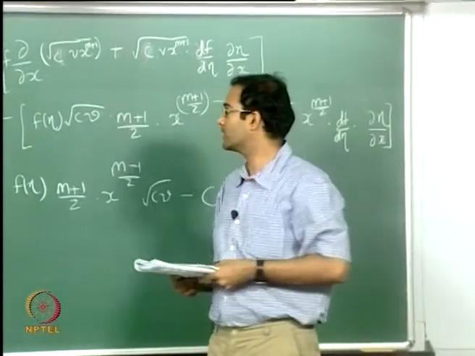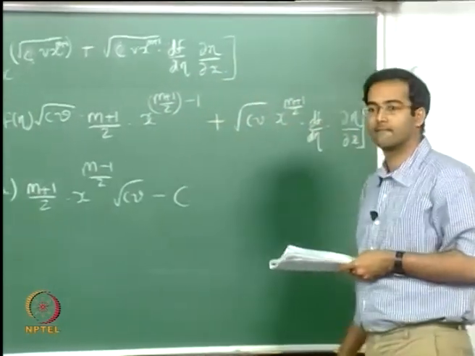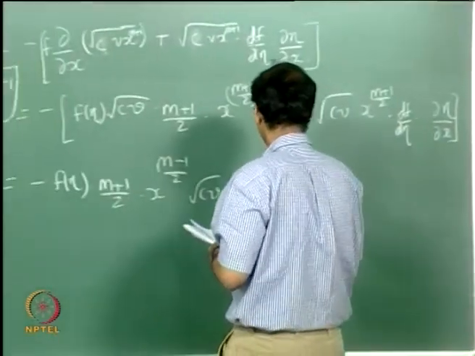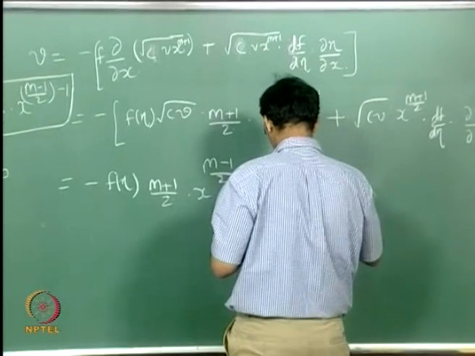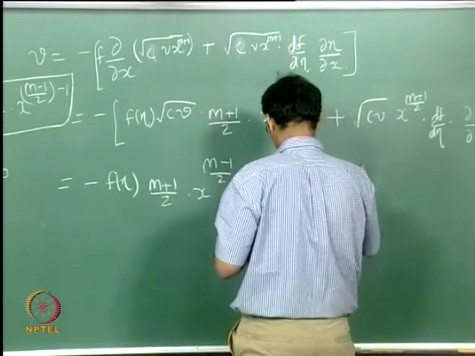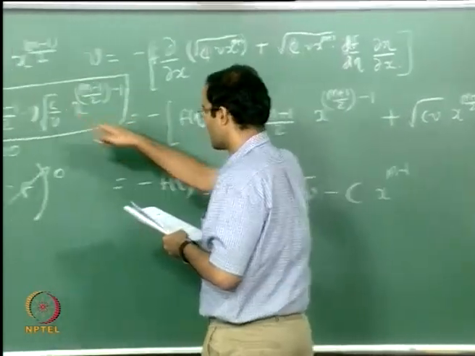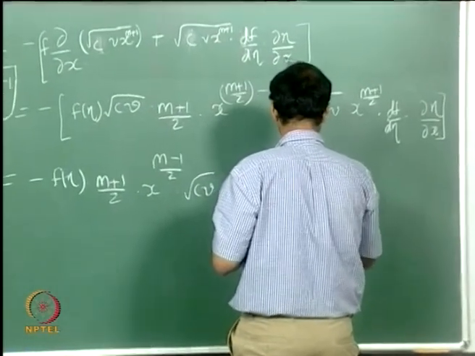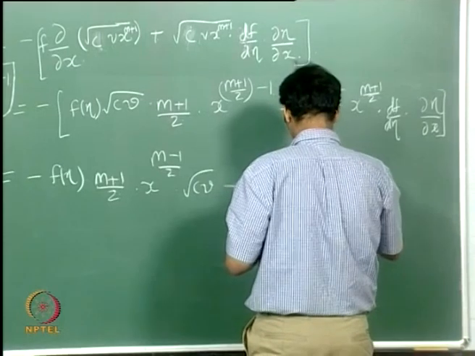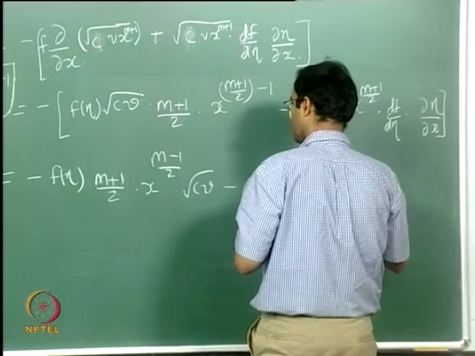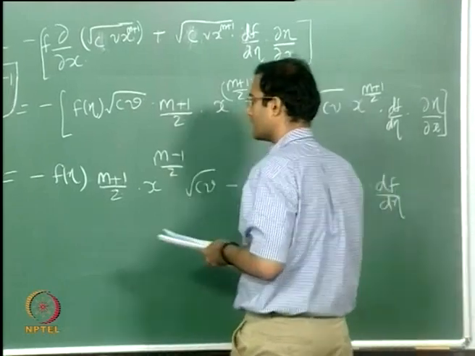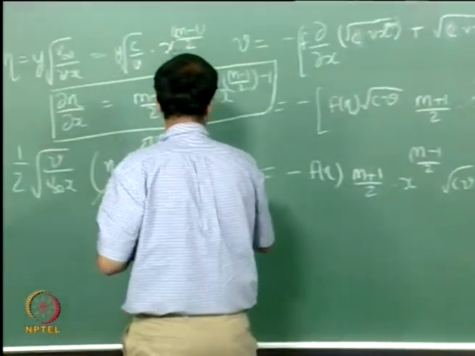Okay, so what does it give? x power m minus 1. Okay, so therefore I will have x power m minus 1 into, I have m minus 1 by 2 into y, so I have y into m minus 1 by 2 into df by d eta. Okay, so finally this is what I get for v velocity.